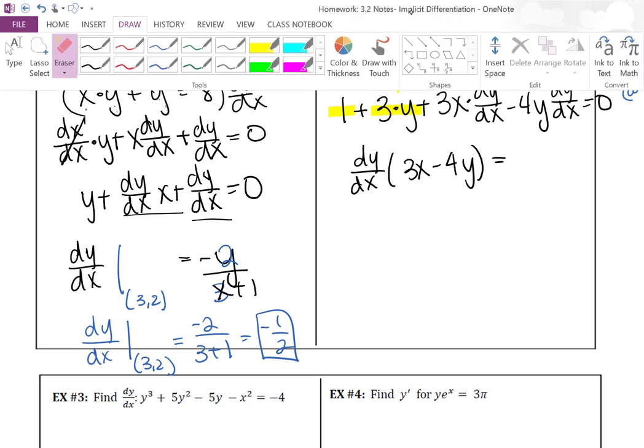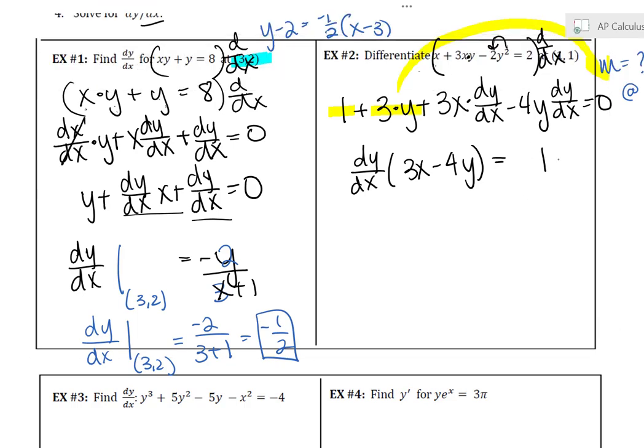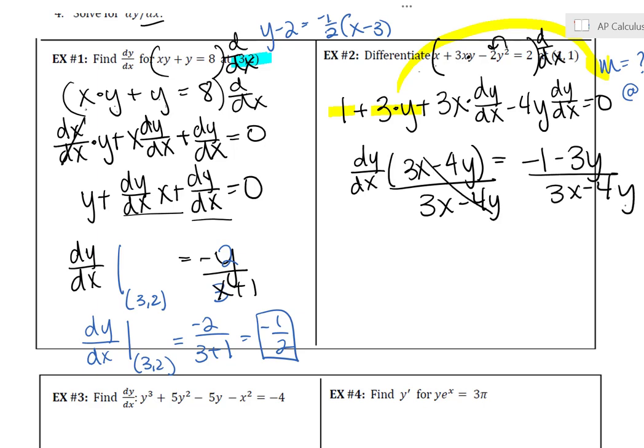When we move it to the other side, we have negative 1 minus 3y. And then finally, we isolate that dy over dx by dividing by 3x minus 4y. All in all, we have dy over dx equals negative 1 minus 3y all over 3x minus 4y.